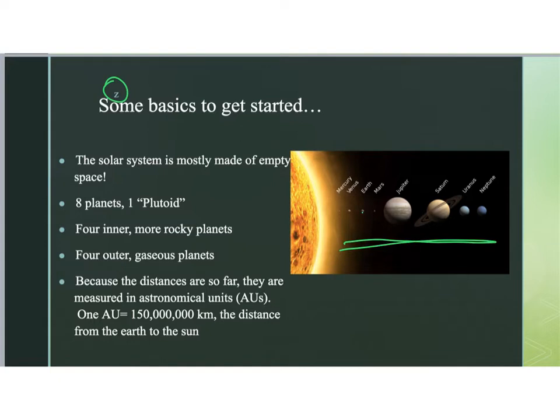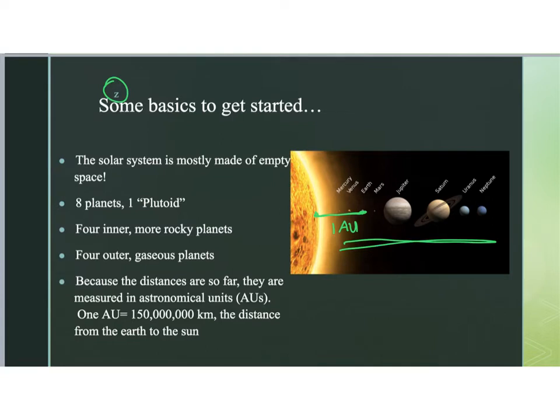It's the distance from the Earth to the Sun. All right, so that's 1 AU. And they use that as the ruler to measure other things, how far other things are from different things. So a lot of empty space.